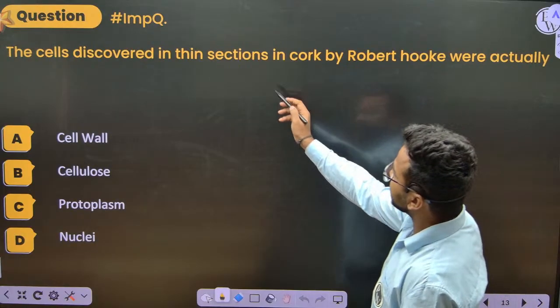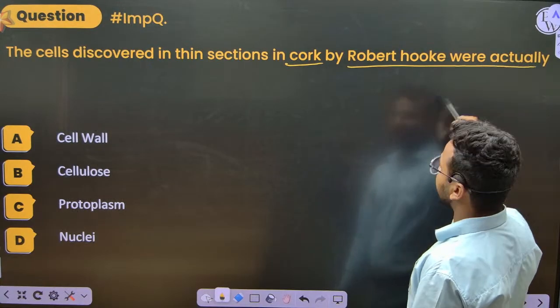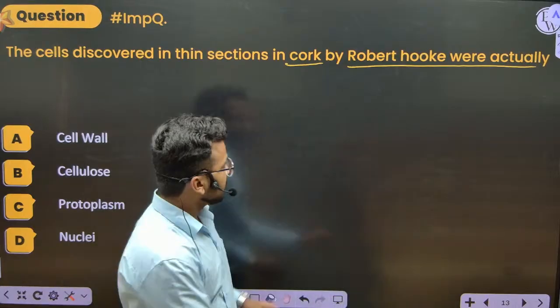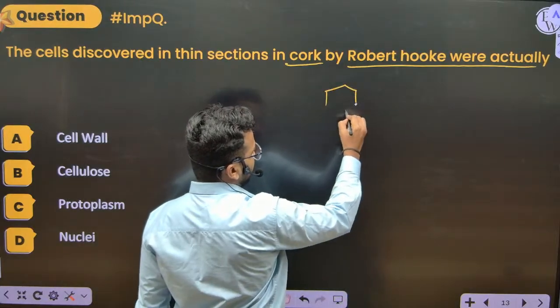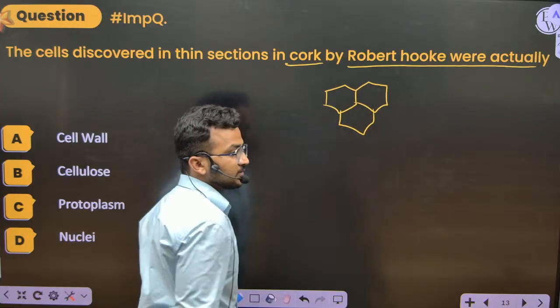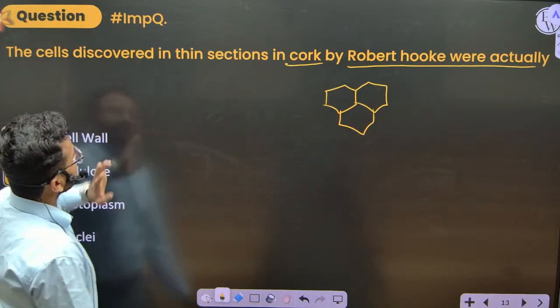Okay, the cells discovered in thin sections of cork by Robert Hooke were actually observed as what? So they are asking what structures he observed in the microscope.